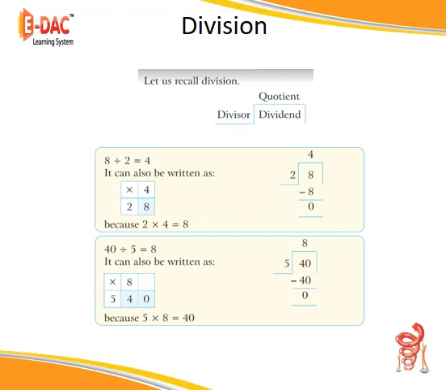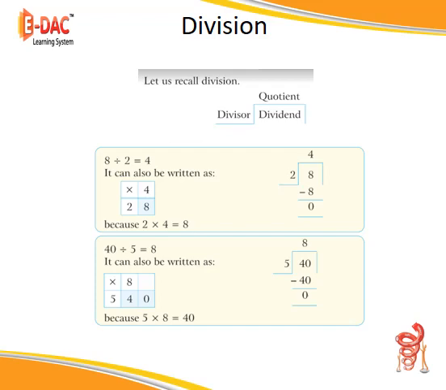Now we divide 8 by 2 and we will recall our multiplication table of 2. So 2 ones are 2, 2 twos are 4, 2 threes are 6 and 2 fours are 8. So we will write 4 on the top and 4 will be called our quotient.